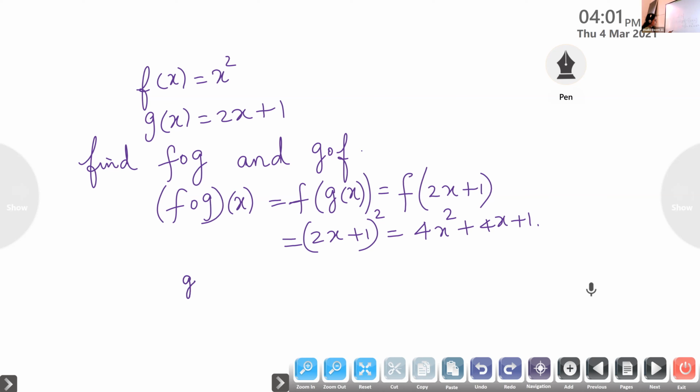Now find the other side. What is G composition F of X? Aryan?